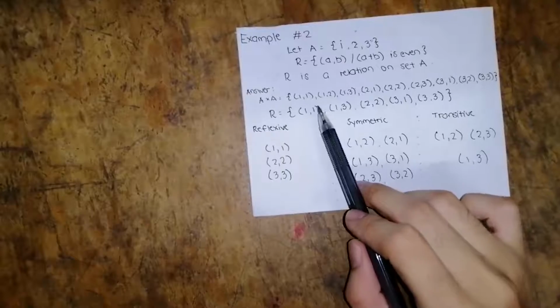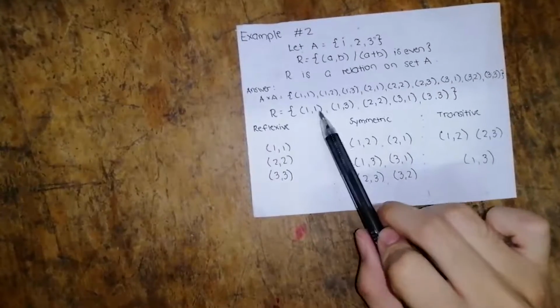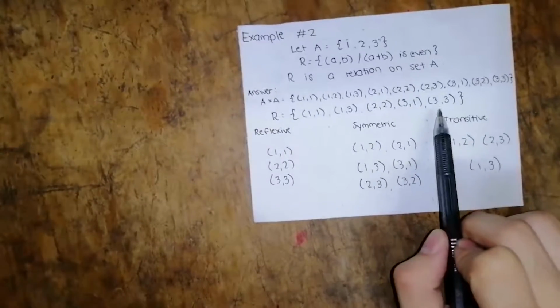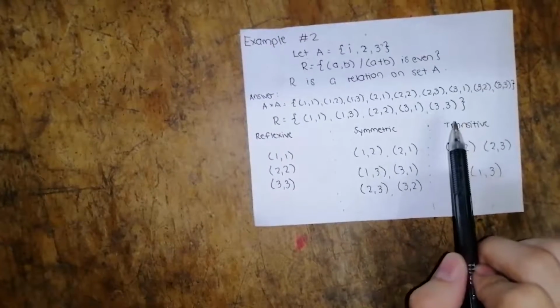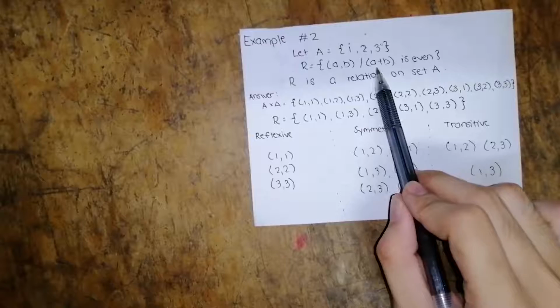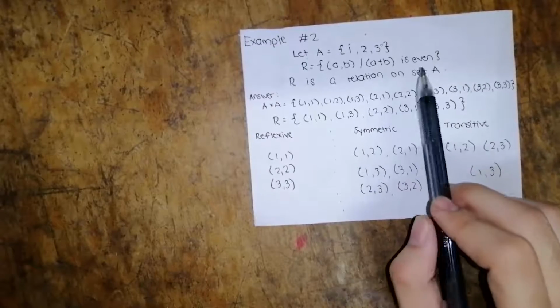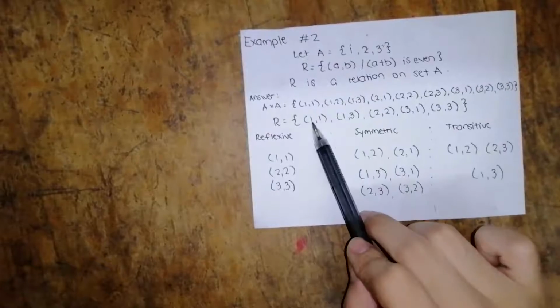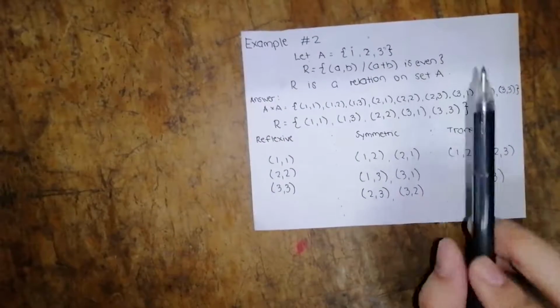Relation R have ordered pairs 1 and 1, 1 and 3, 2 and 2, 3 and 1, 3 and 3, since we need to satisfy this, where the sum of A and B must be even.